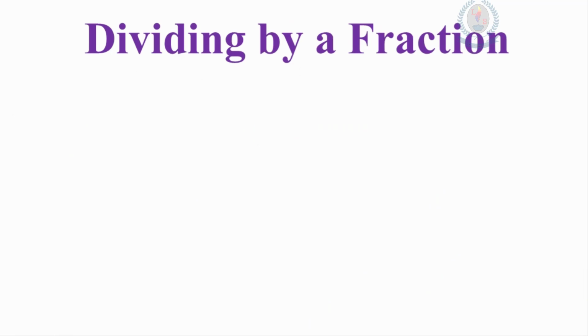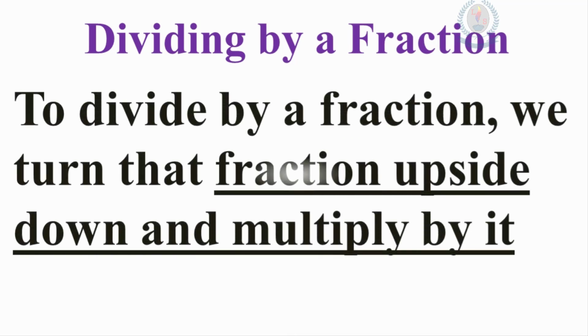Now we are going to study the next important topic in this lesson, dividing by a fraction. Dividing by a fraction also has a rule. The rule is, to divide by a fraction, we turn that fraction upside down and multiply by it.